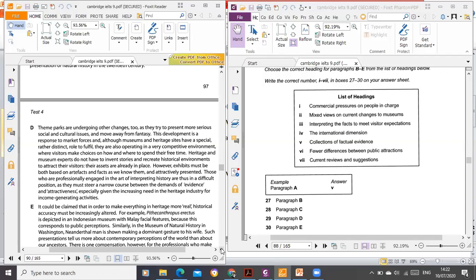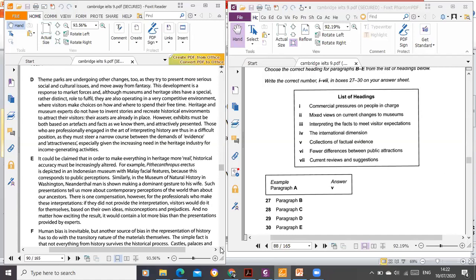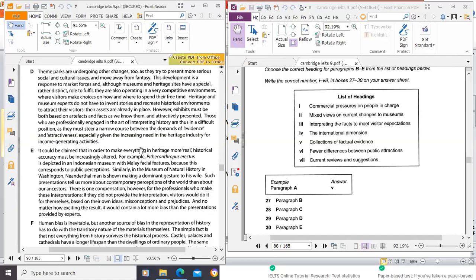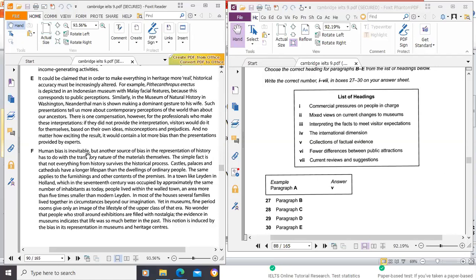We talk about theme parks, about what heritage industries are generally, the changes there. Then some claims to make everything real in the historical industry. Then human bias is inevitable, unavoidable. And the last point says this notion is induced by the bias in its representation in museums and heritage centers. Which notion? If you want to find out which notion it is, you go back by one sentence again.